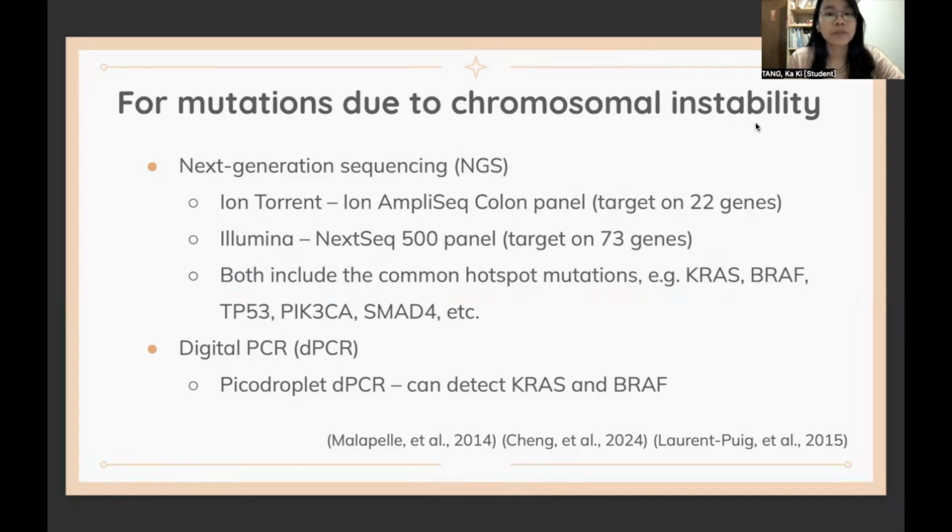The Ion AmpliSeq Colon panel from Ion Torrent and the TruSight Oncology 500 panel from Illumina claim to detect 22 and 73 gene targets respectively, including KRAS, BRAF, TP53, PIK3CA, SMAD4, etc. And for digital PCR, Pico droplet digital PCR can detect KRAS and BRAF.